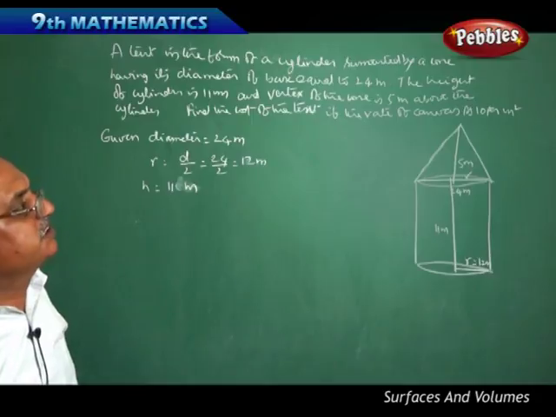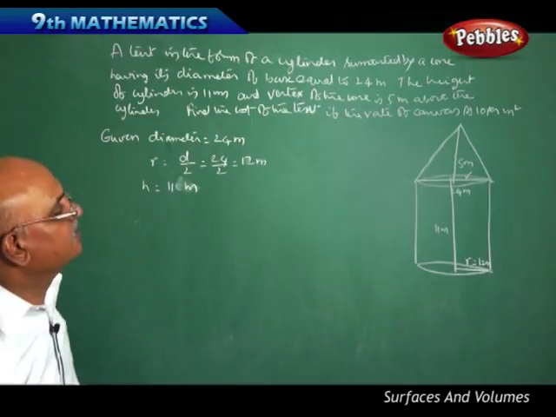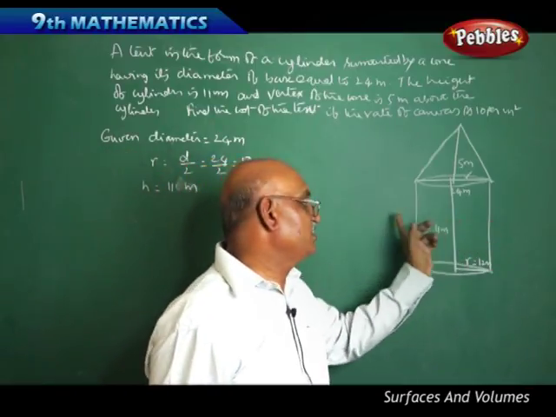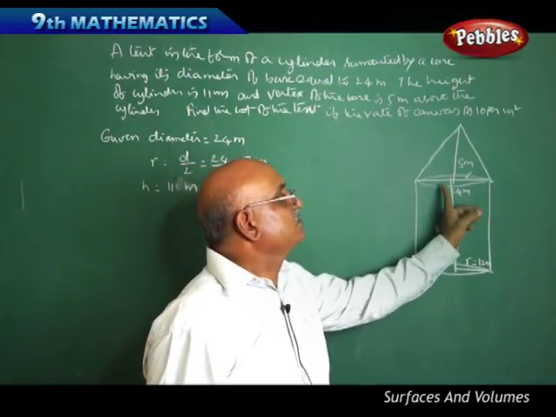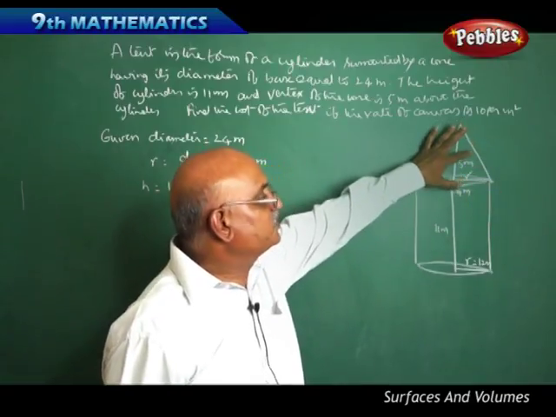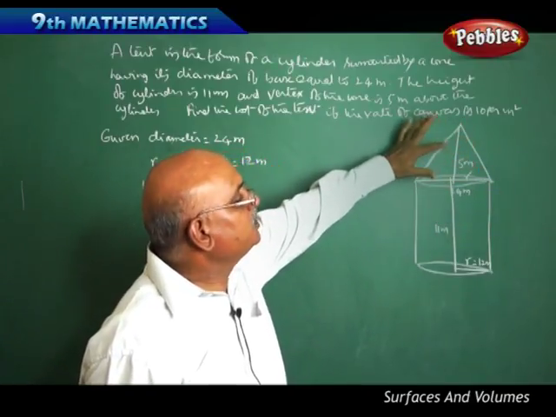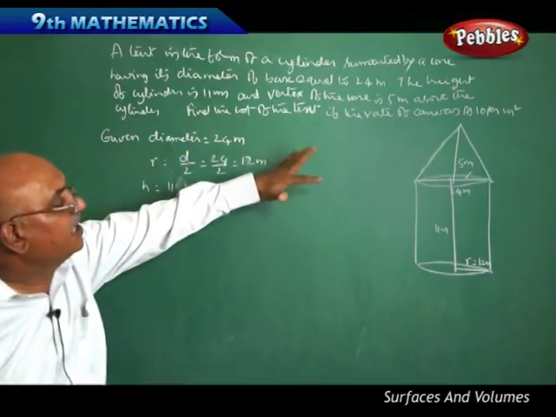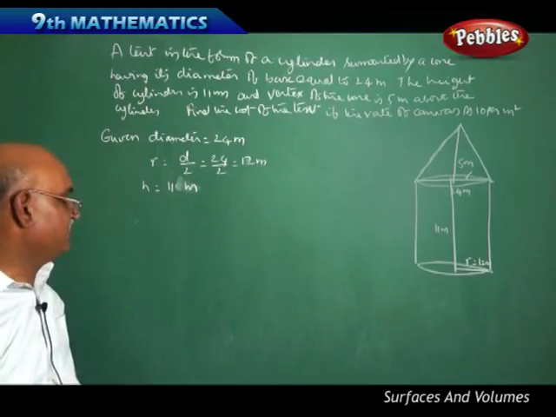Now our main interest is to find the cost of the tent, that implies the surface area of a cylinder plus the surface area of a cone. The sum of these two will give you how much amount we have to spend for the canvas. That is the basic idea.